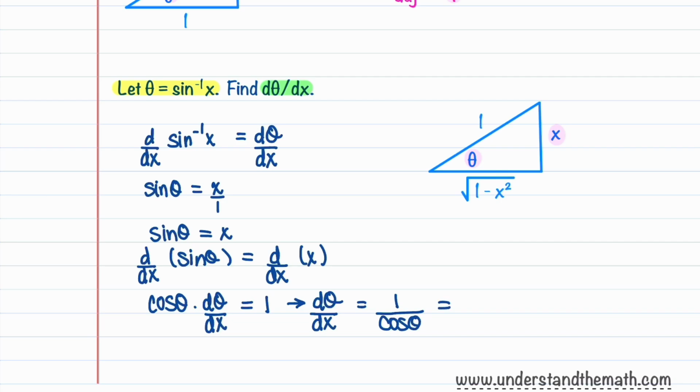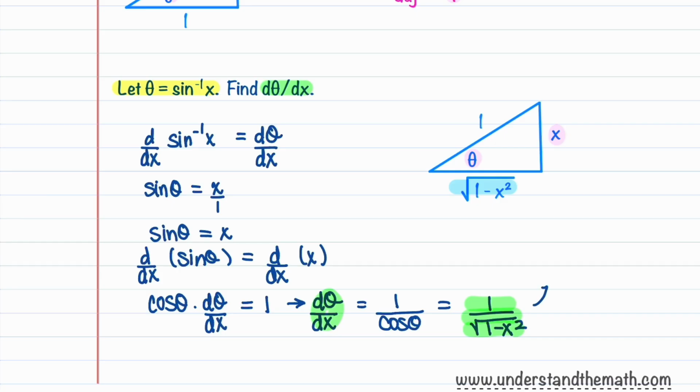Now we're going to go back up to our triangle and figure out what cosine theta is. Cosine theta is the adjacent side divided by the hypotenuse. So our cosine theta is just the square root of 1 minus x squared. So we just found that d theta dx was 1 divided by the square root of 1 minus x squared.